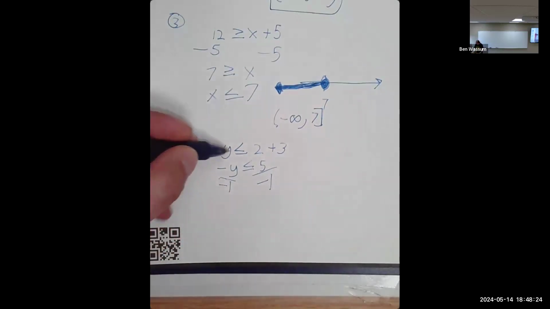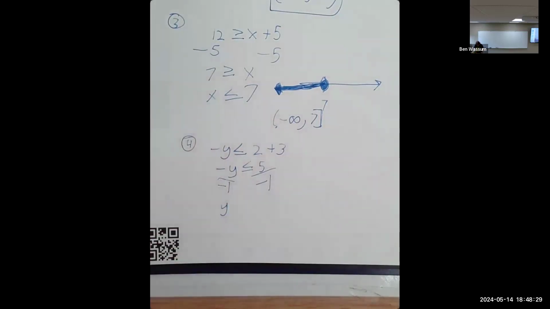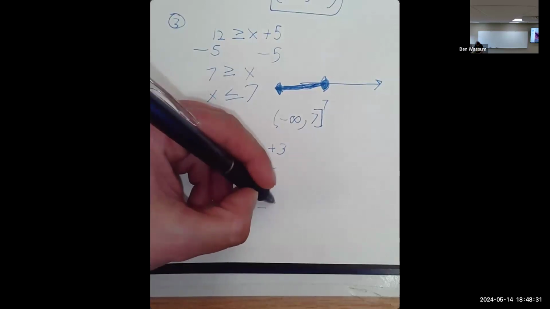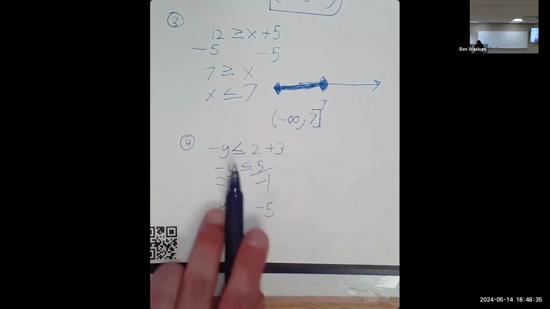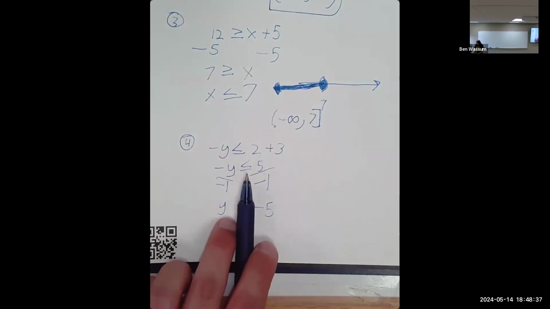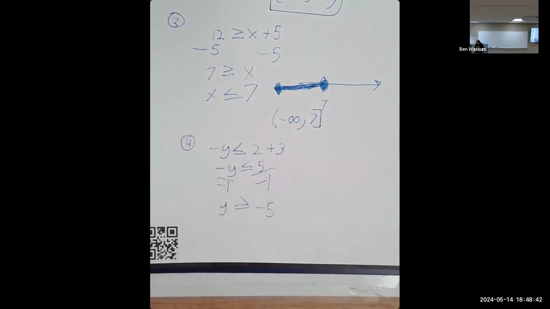So what happens when I divide both sides by a negative, the numbers are going to do exactly what you expect them to do. I'll have a positive y and a negative 5, but the symbol has to flip around. It has to go the other direction because what was negative is now positive and vice versa.